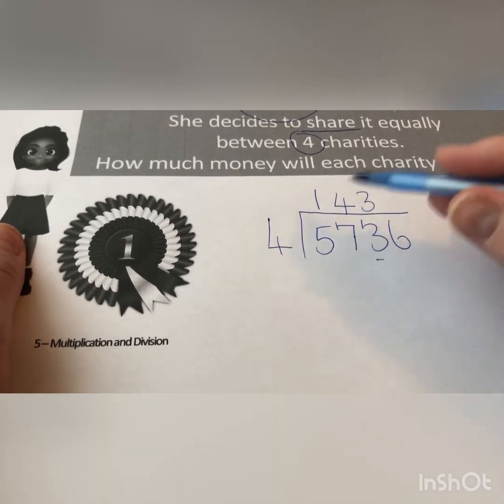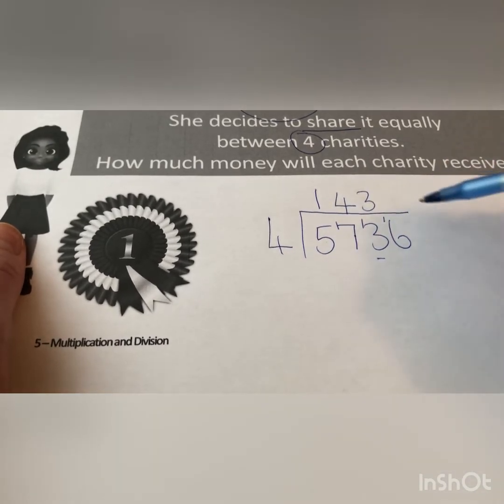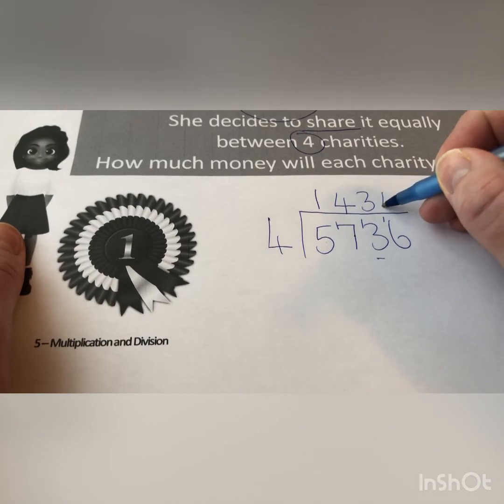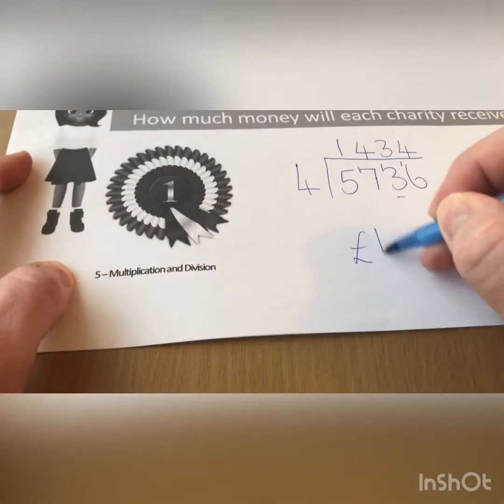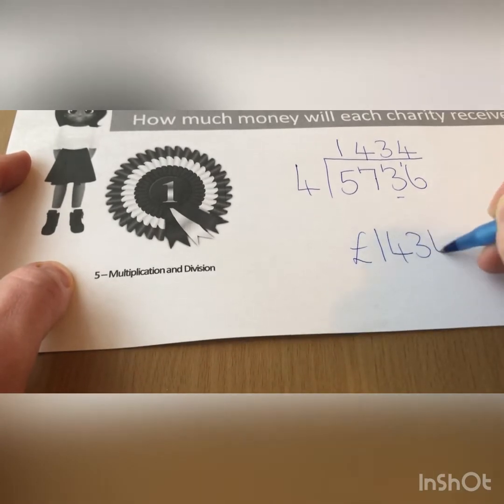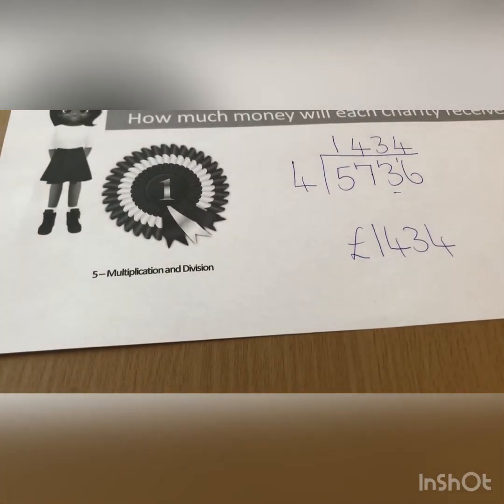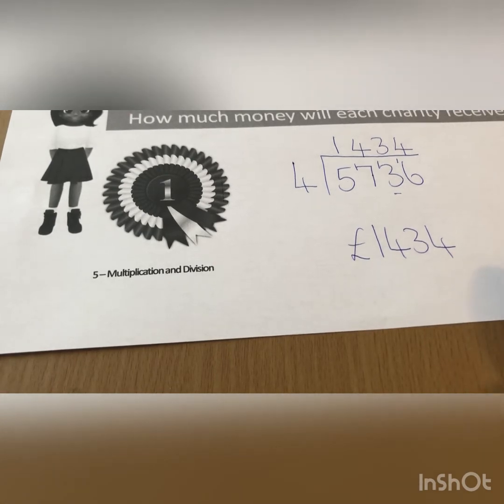I've got 13, so I've got 1 left over again. And then I have 16 divided by 4, which is 4. So each charity is going to get £1,434 each. Okay, so that's the word problem.